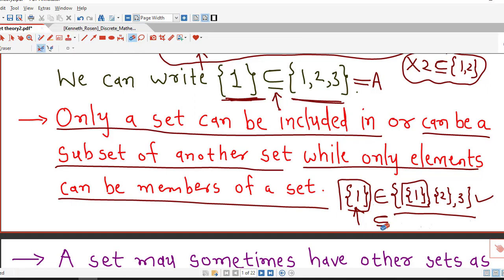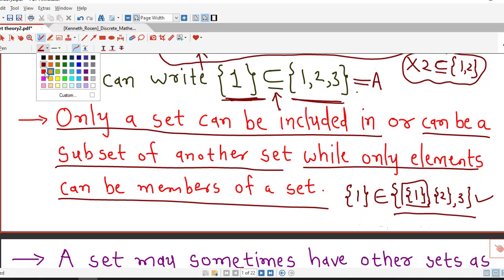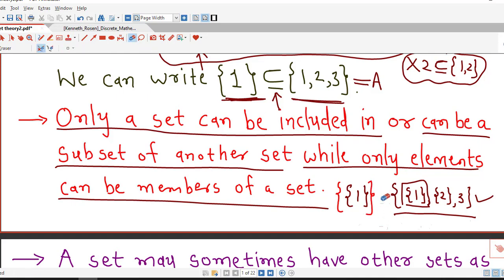If we want to use inclusion notation, then on the left hand side we should consider the set containing the set {1}.